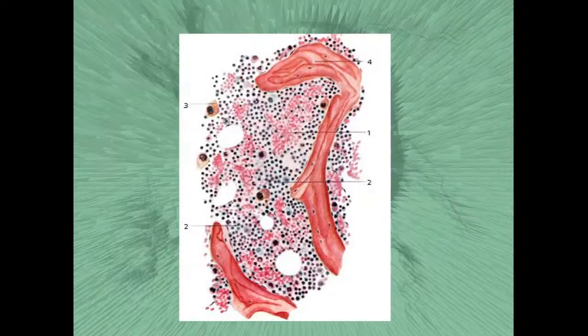Red bone marrow is located in the bones, in childhood in absolutely all bones, in adults just in the spongy flat bones and in the epiphysis of the long tubular bones.